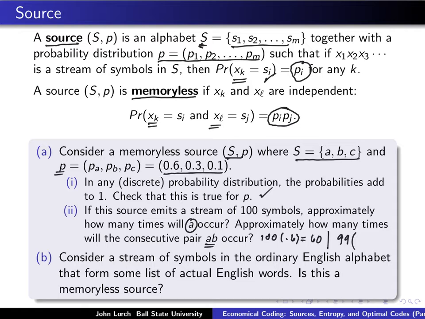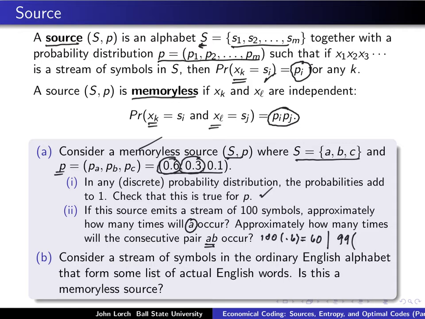Well, remember, A occurs with probability 0.6, B occurs with probability 0.3, and the source is memoryless. That means that if I want the probability of AB occurring in a consecutive pair, it's just the product of the two probabilities.